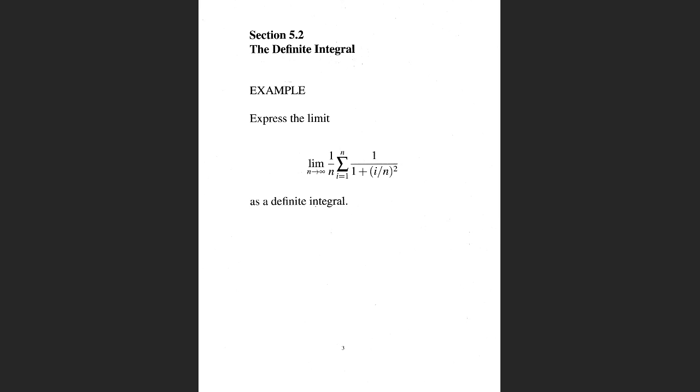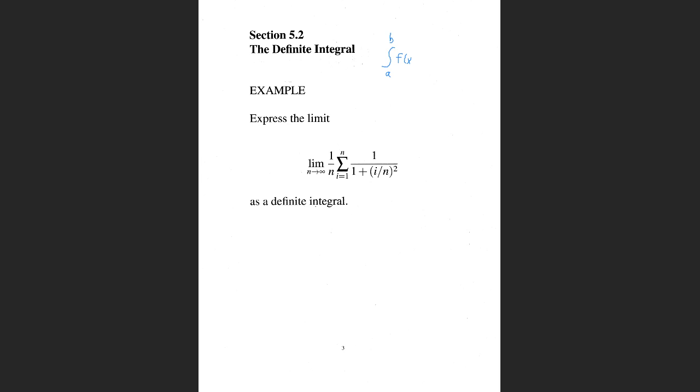So again, I'll make that comment that I had made. In section 5.2, we learned about the definite integral. We use this curvy S symbol to denote a definite integral, with a bottom limit of x equals a and a top limit of b, of f of x dx.